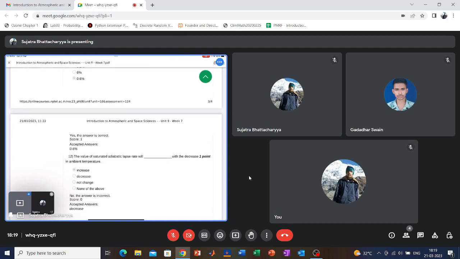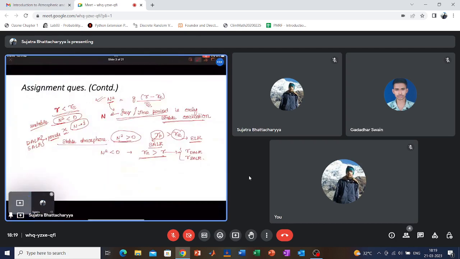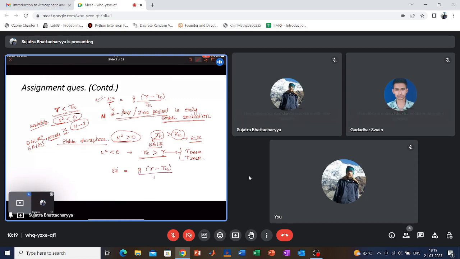And the last question here is, the value of the saturated adiabatic lapse rate will dash with the decrease in the ambient temperature. So the answer is decrease. Why? What I think is this: delta Z double dot is equal to g times gamma minus gamma E, divided by TE, times delta Z. Let us consider for a particular column of atmosphere, gamma E is constant, which we generally take as 6.5 degrees Celsius per kilometer.